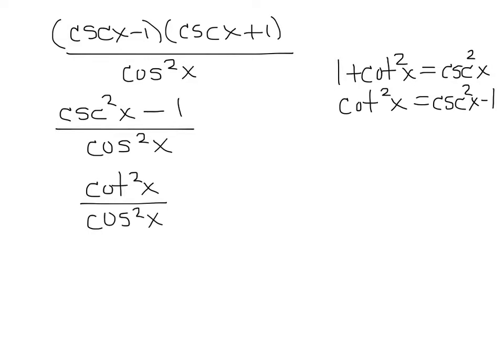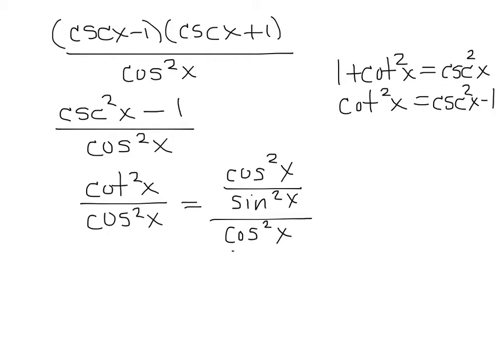If I now take the numerator and rewrite it in terms of sine and cosine, this becomes cosine squared x over sine squared x, divided by cosine squared x. Take the denominator, put it over 1, and now you can see division of two fractions.